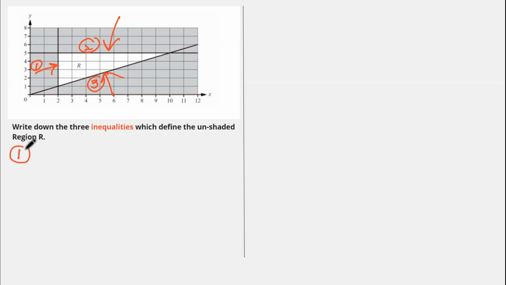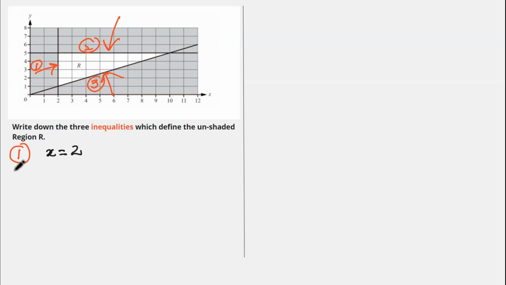It is a vertical line, and I hope you know that for a vertical line the equation is x equals to constant. This line crosses the x-axis at 2, so the x-intercept is 2, and the equation is x equals to 2. So this is the first equation.